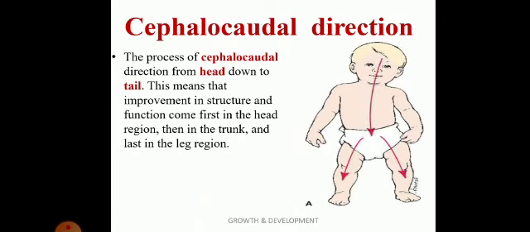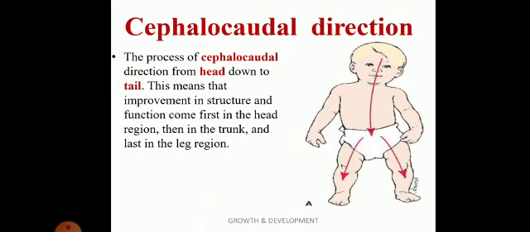Clear? And last, at the age of 15 months or even more, the child will start proper walking and even running later. So later on we have development of lower limbs. In between, you can remember like this, there is head control, which is related to the head.